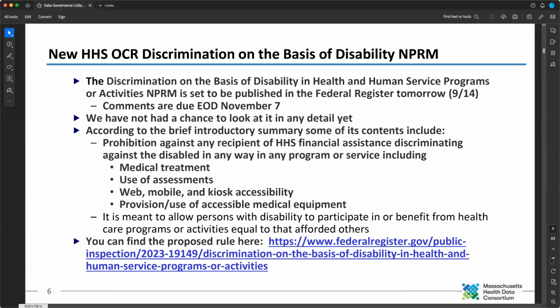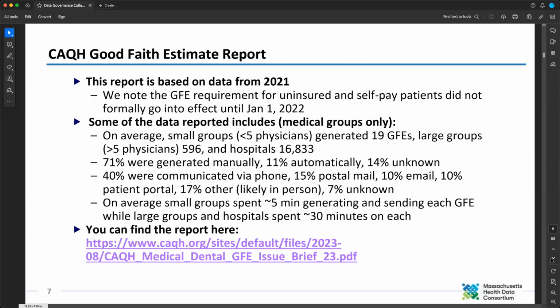You can find the proposed rule there. It is again still in a draft state. It should magically move to a formal proposed rule tomorrow, and we will likely take a look at it later. Any questions or comments there? All right, well then let's move on to the next item.